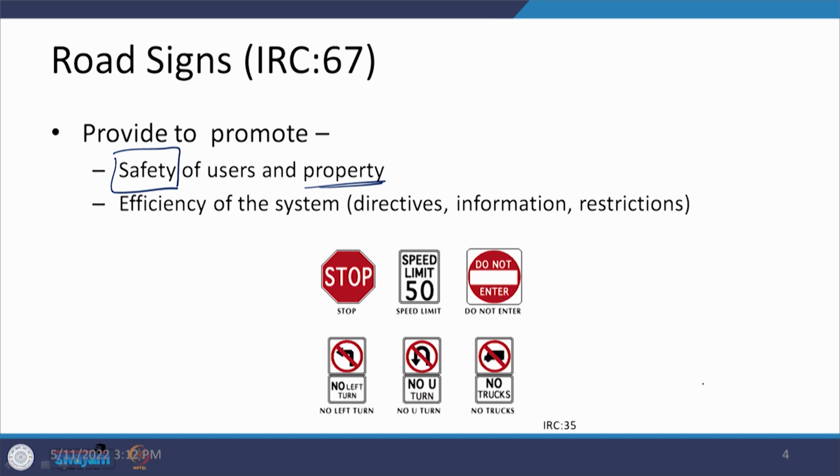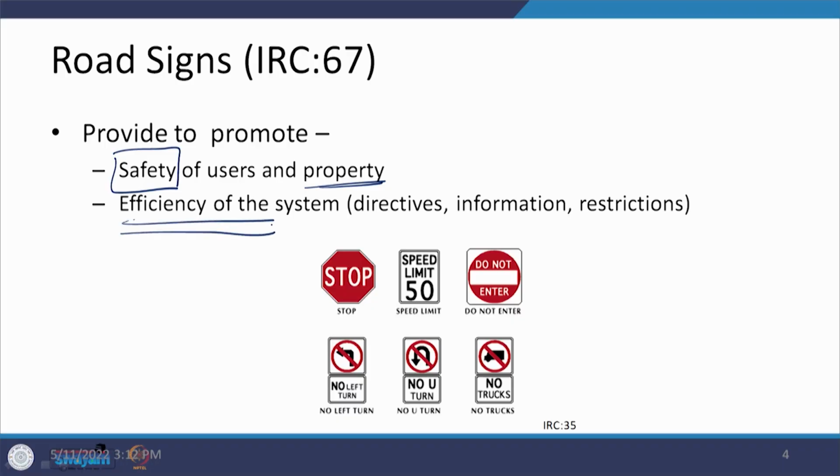Apart from maintaining safety, we are also interested that our road functions the way it was designed to function, and that is where the efficiency of the system is talked about. The road on which the traffic is moving should move at a particular speed, at a particular level of service, in different lanes, in different directions, at different points of time.